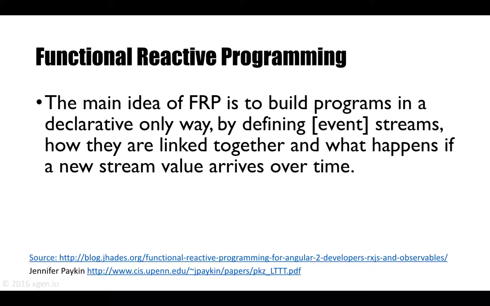Really what people are trying to do is build programs in a declarative way by defining event streams, how they link together, and what happens if a new stream value arrives over time. That's pretty much what people are trying to do, either with, say, Redux or Elm or Cycle.js, the newer approaches to front-end architecture.